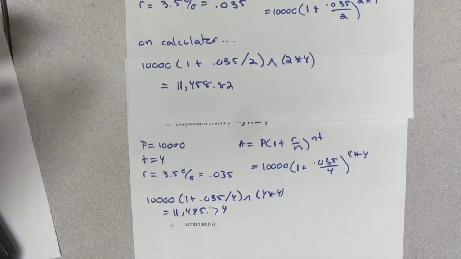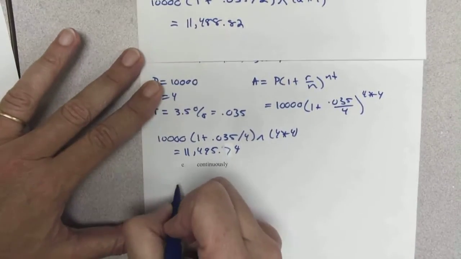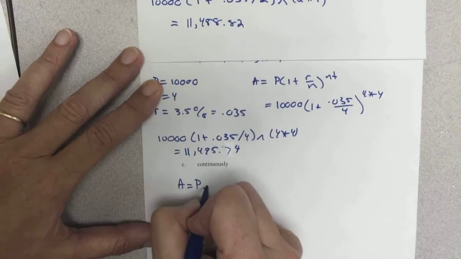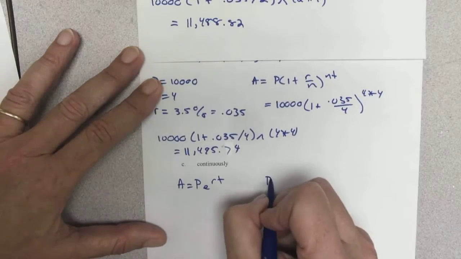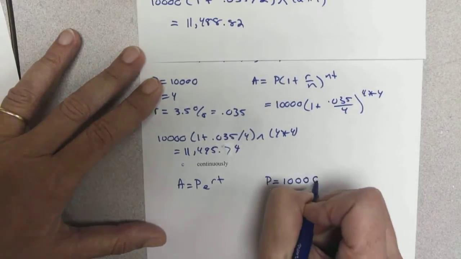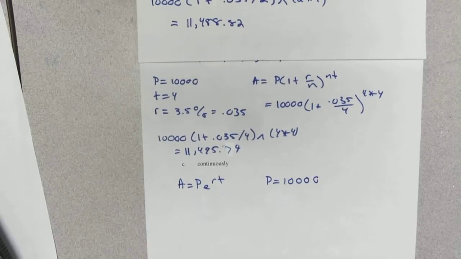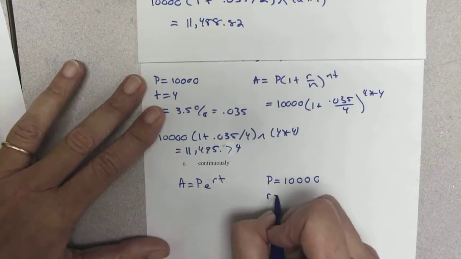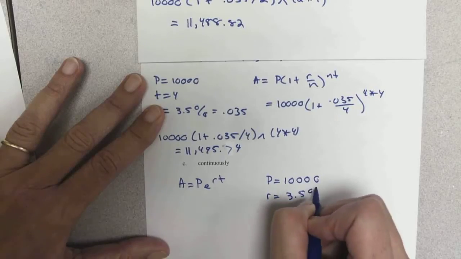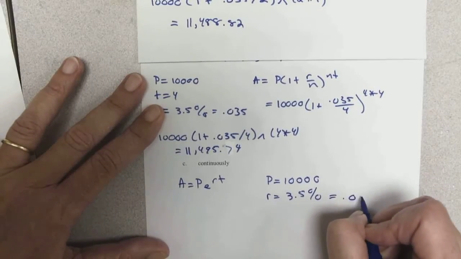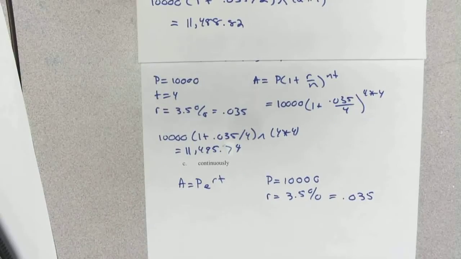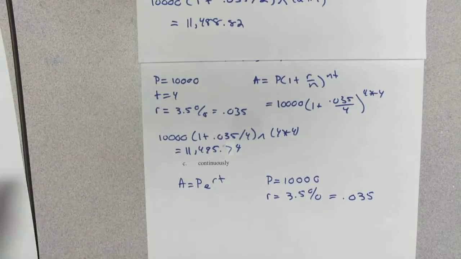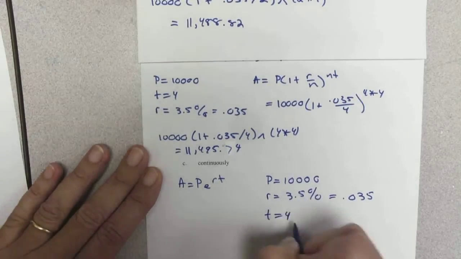Then the last one we're asked to do here, continuous, that's that other formula. It's Pert. So my P, my principal, is still $10,000. My rate is still 3.5% or 0.035. Not that you can find interest rates at 3.5% anymore, but once upon a time you were able to.